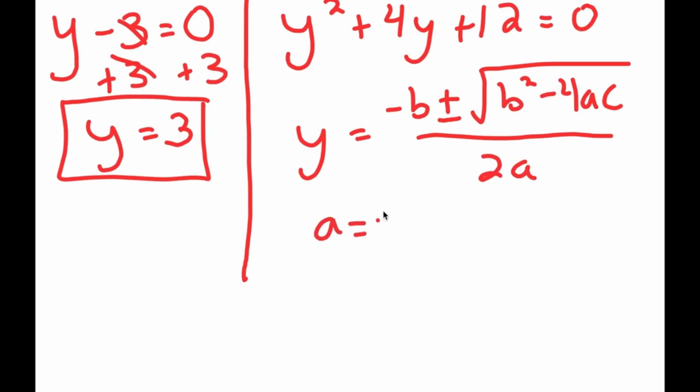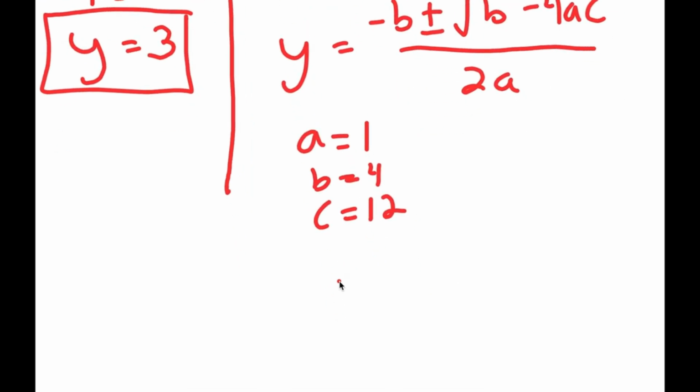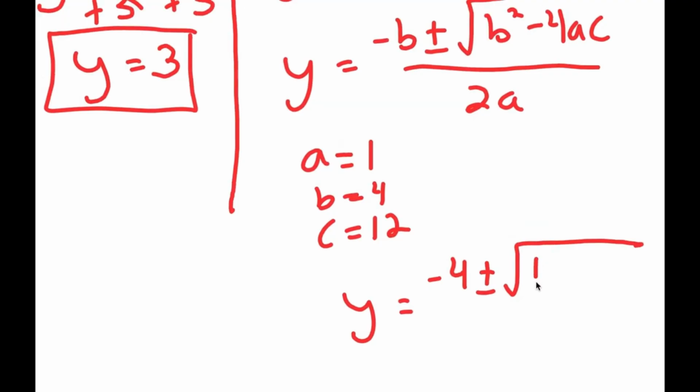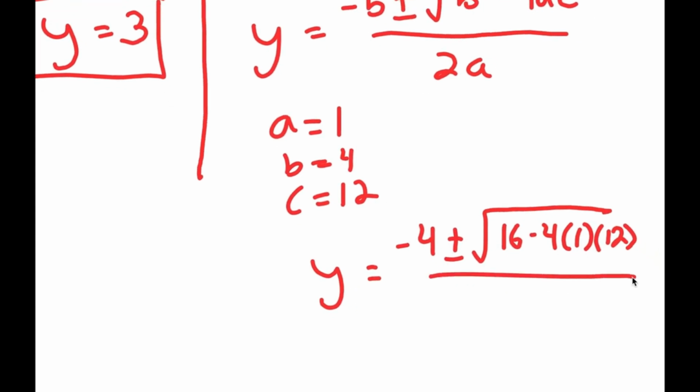So in this case, a is 1, b is 4, and c is 12. So I get y is equal to negative 4 plus or minus the square root of 4 squared, which is 16, minus 4 times a, which is 1, times c, which is 12. And I have all this over 2a.